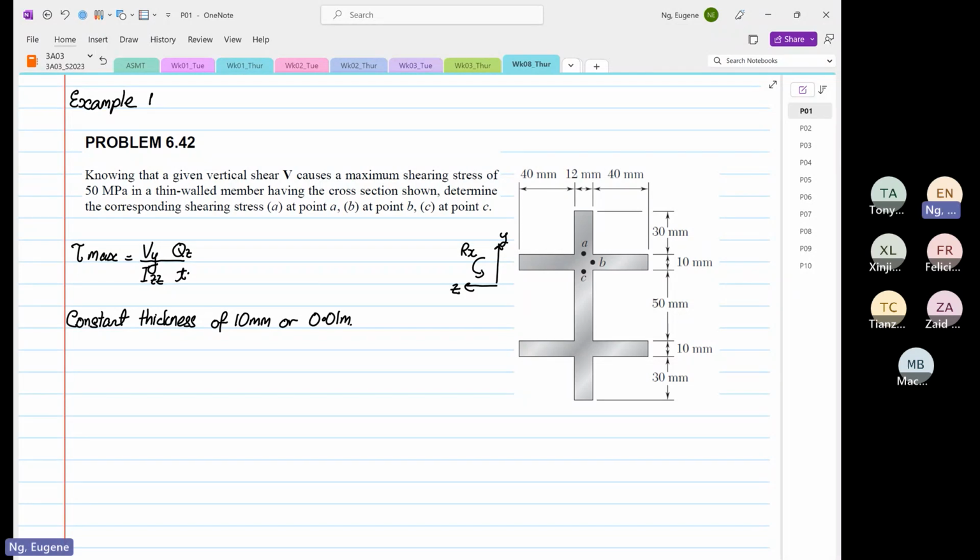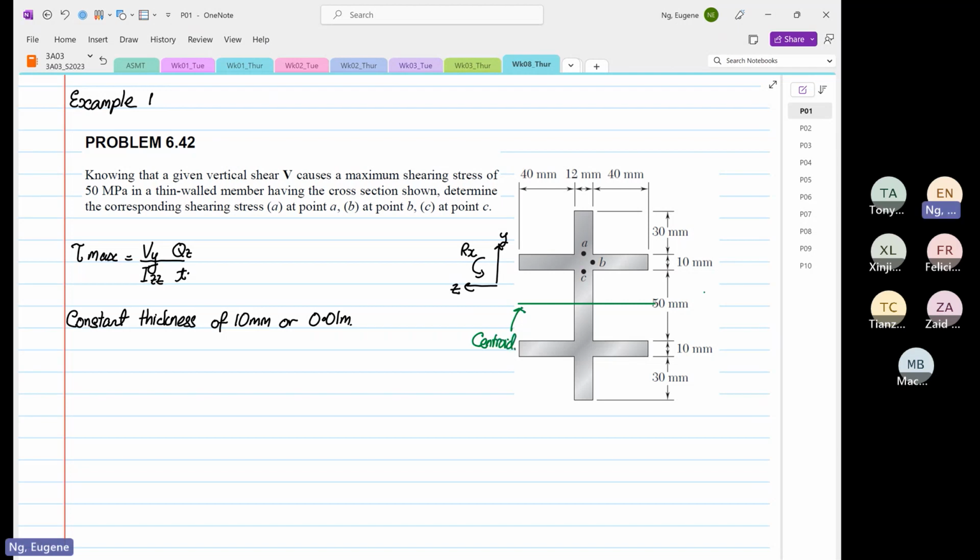So we know that maximum shear will be at the centroid. Again, one of those problems that they did not ask us to find the stress. Okay, so we know that our maximum stress will occur at the centroid.